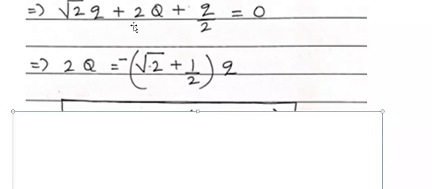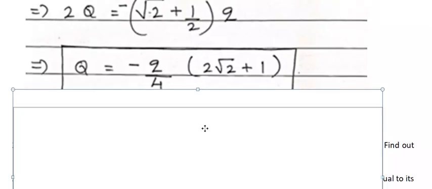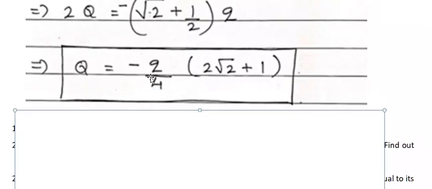So after solving this we will get, let us take Q by 2 and root 2 Q on the other hand side. So 2 capital Q equals minus root 2 plus 1 by 2 Q, and let us take 2 also to the opposite side. So capital Q equals minus Q upon 4 times root 2 plus 1. This is the solution of the numerical.